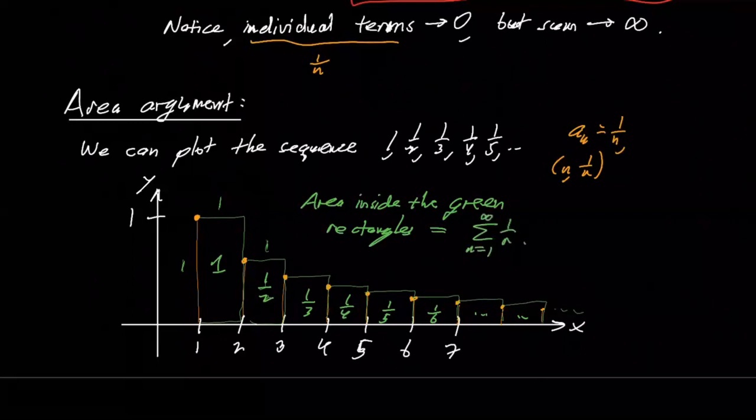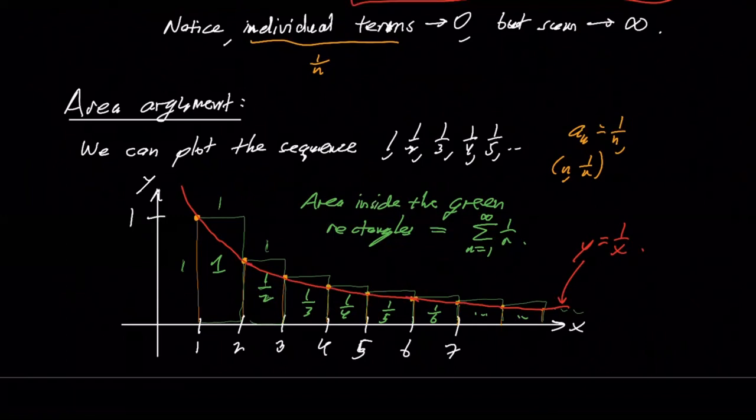Okay, now, but we've seen pictures like this before. So let me draw the nice curve, which I could have drawn through the orange points in the first place, that goes through these points. And that is the function y equals 1 over x. And let's think about these.